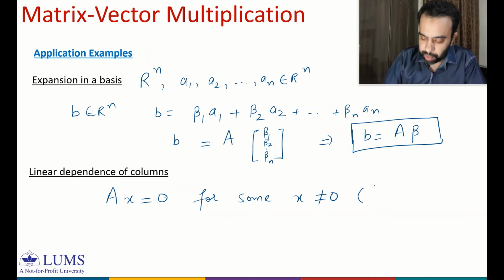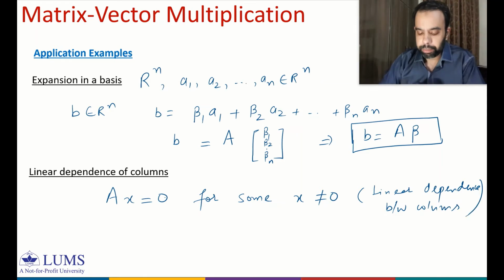So this is the case when we have linear dependence between columns, because we know that Ax represents a linear combination of the columns of A. So Ax is x1 a1 plus x2 a2 and so on and so forth. So Ax equal to 0 for some x not equal to 0 means there is a linear dependence between the columns of A.